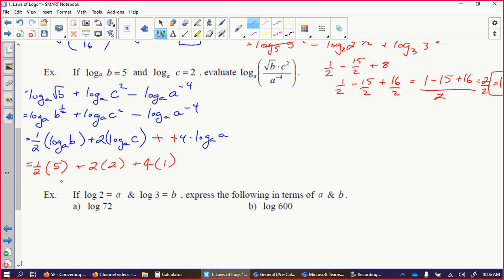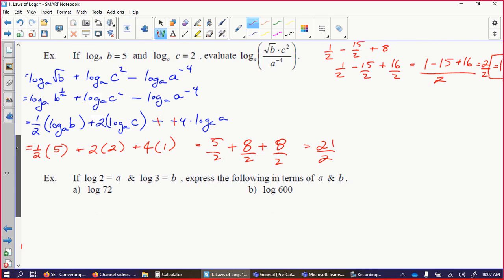Yeah, well, a half of 5 is 5 over 2. 2 times 2 is 4, which is 8 over 2. Plus 4 times 1, that's 8 over 2 as well. 5 plus 8 plus 8 is 21 over 2. So the trick is splitting it up, getting these parts on their own, and then we just get numbers.